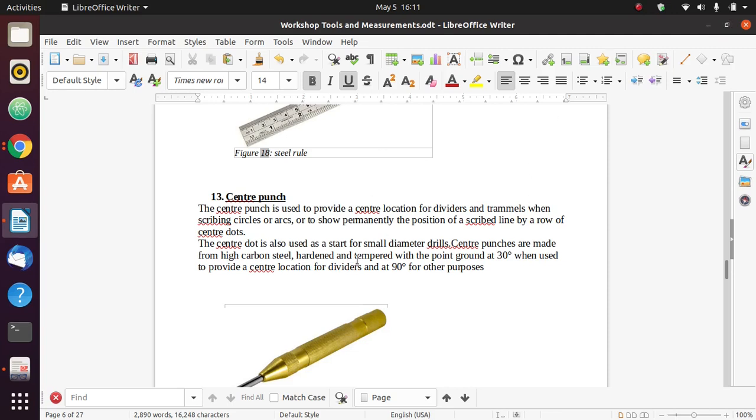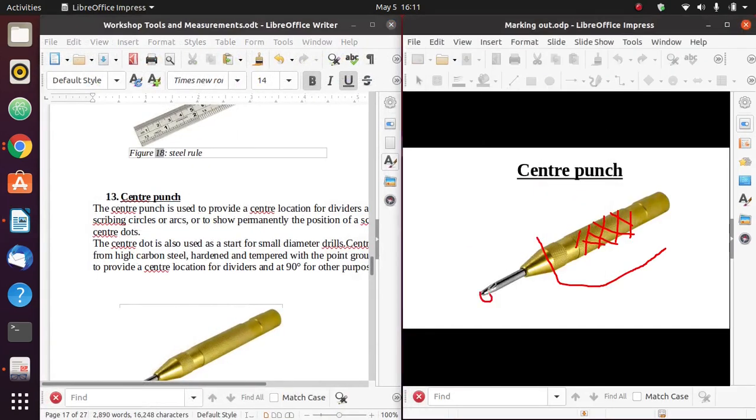Now it is usually made from high carbon steel that is hardened, and the upper edge is chamfered. It is at an angle to prevent it from burning, because you're hitting and there will be friction being produced. So to prevent this point from burning, it is roughened a little. That is what I mean by chamfered, and then it is at an angle.